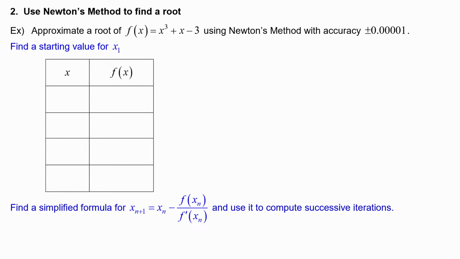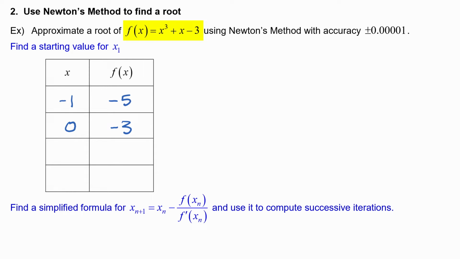So here you just randomly start picking integer values because they're easy to plug in. So for example, I might try -1. If we put -1 in, we would have -1 plus -1, which is -2, minus 3 is -5. Then we could try 0, and f of 0 is -3.